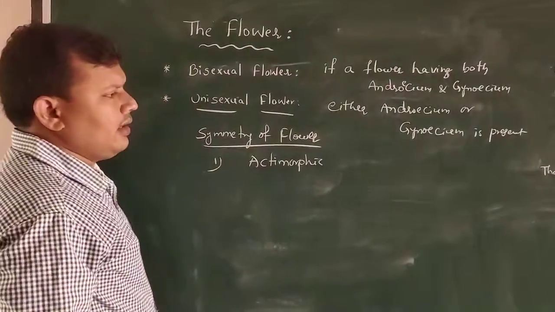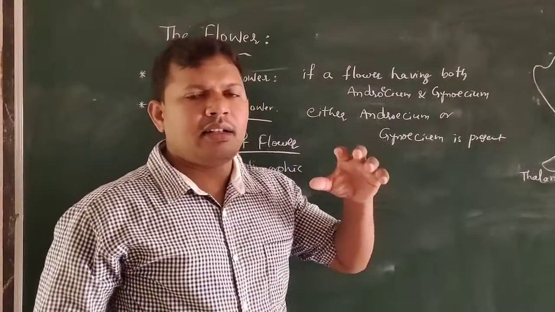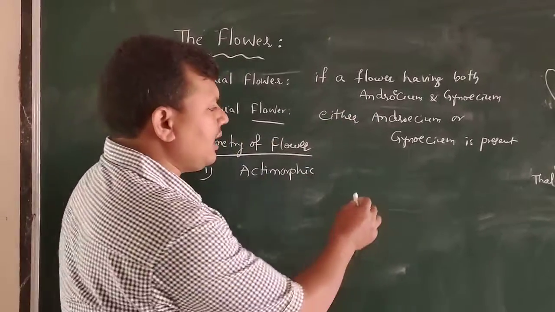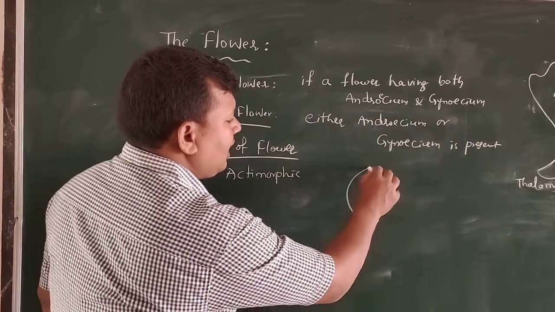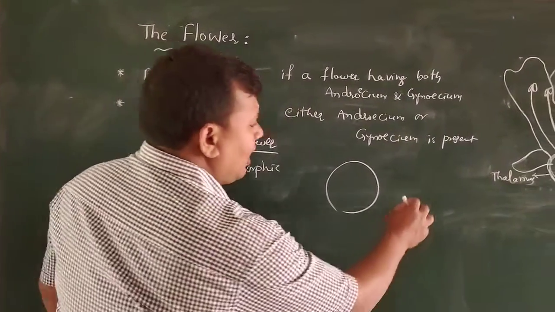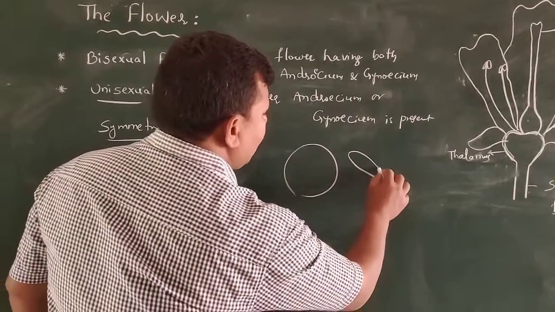Actinomorphic flower. When we look at a flower from the top view, generally the structure seems to be like this. Or we can draw the diagram like this.